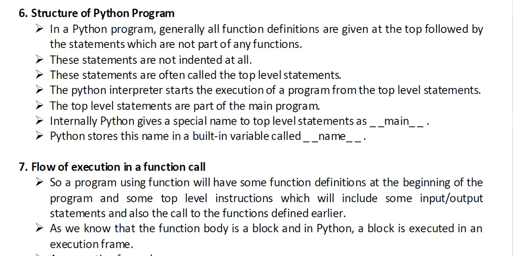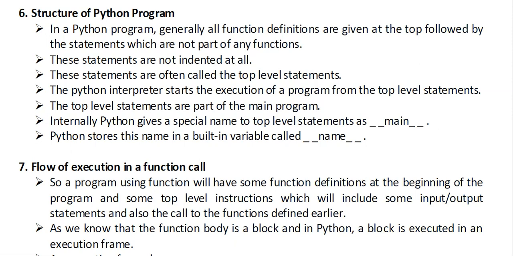So these top level statements are the part of the main program. If you have studied C or C++, then you must be aware of the main function. So it is like the main function of Python. Internally, Python has given a name to this group of top level statements, that is double underscore main double underscore.